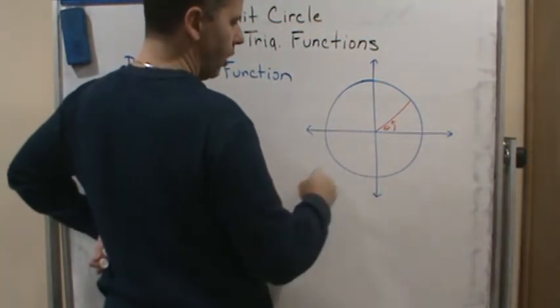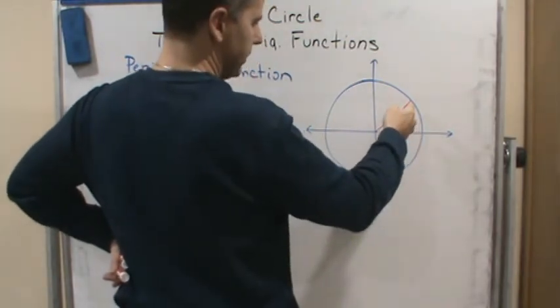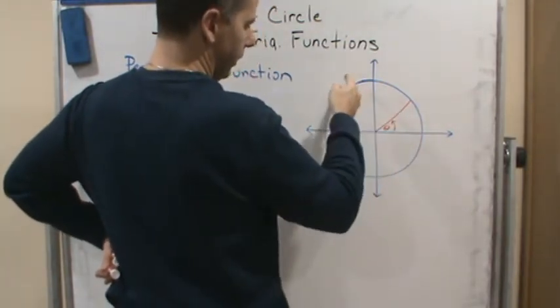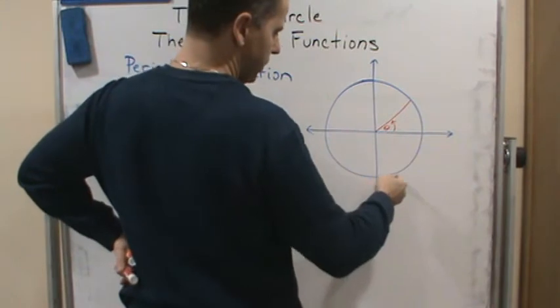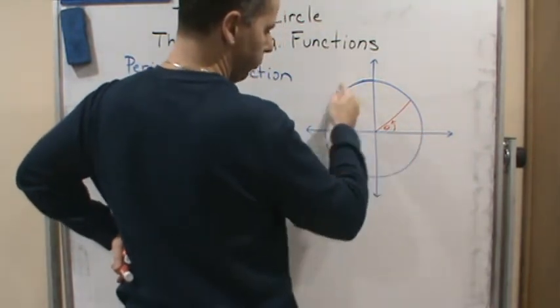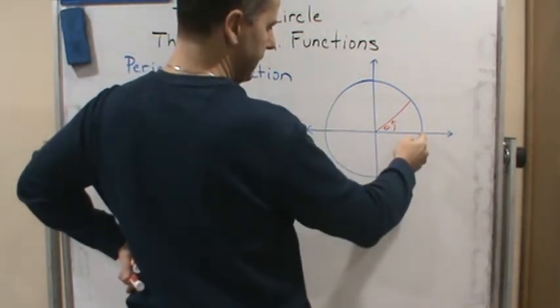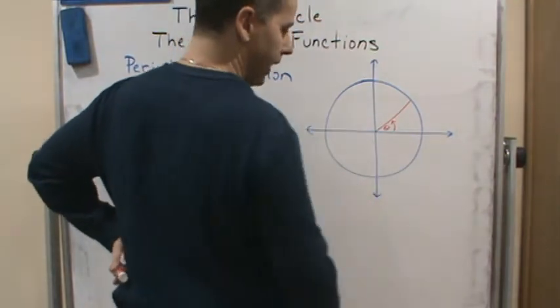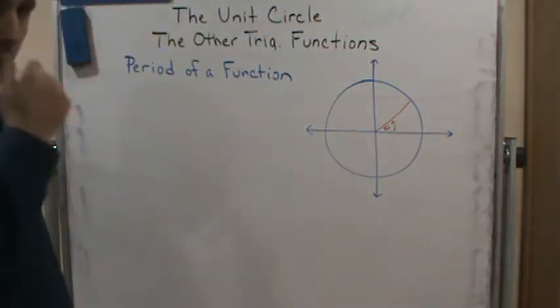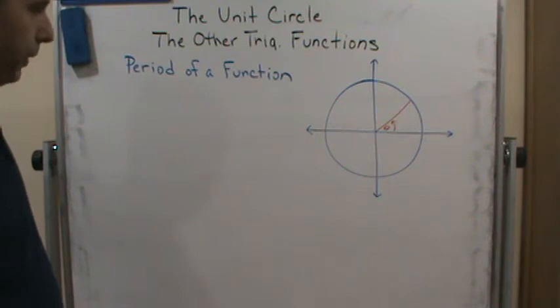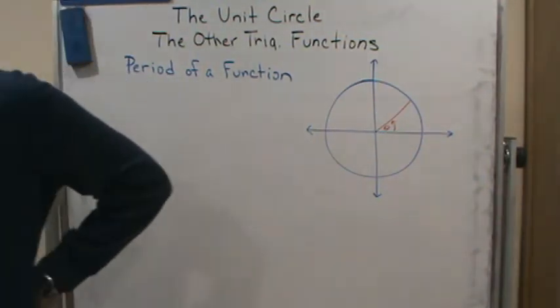The value of sine theta changes, but when it gets to one full revolution of a circle, it repeats itself. So we say that that's periodic, or cyclic. But what is this period?